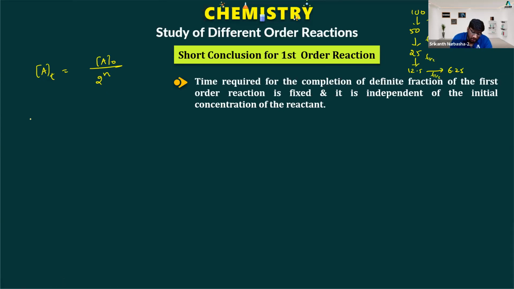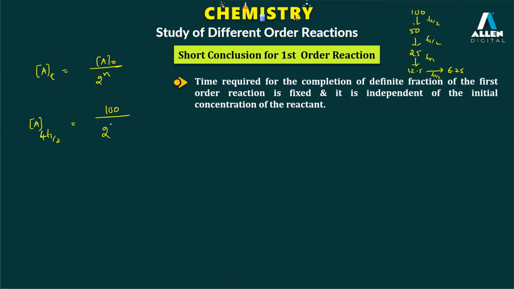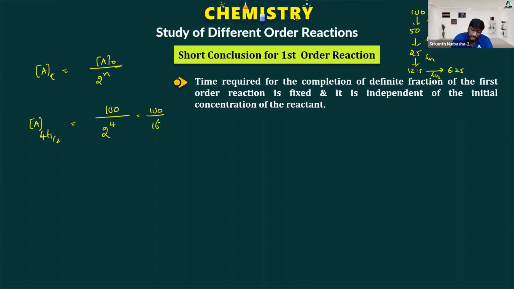So concentration of A after time 4 T half is equal to initial concentration divided by 2 power 4, that is 100 by 16. 2 power 4 is 16. Do the calculation. You will get 6.25.